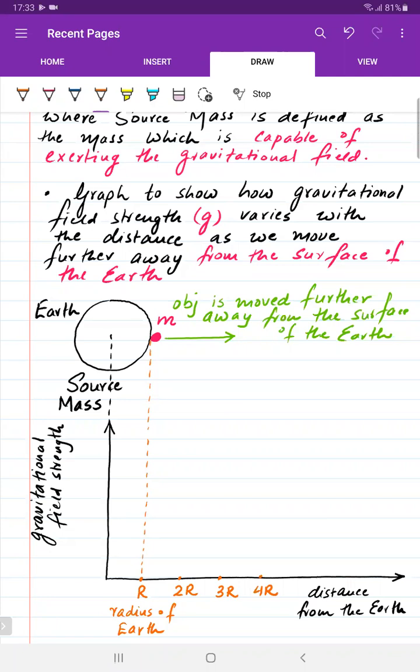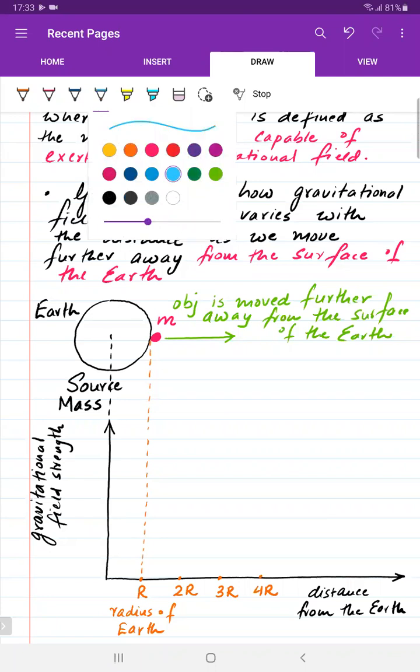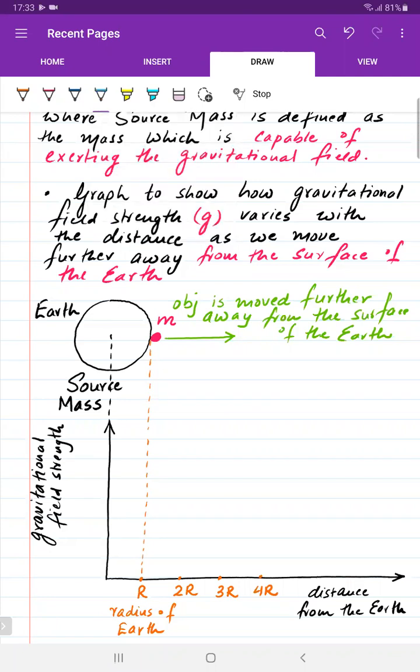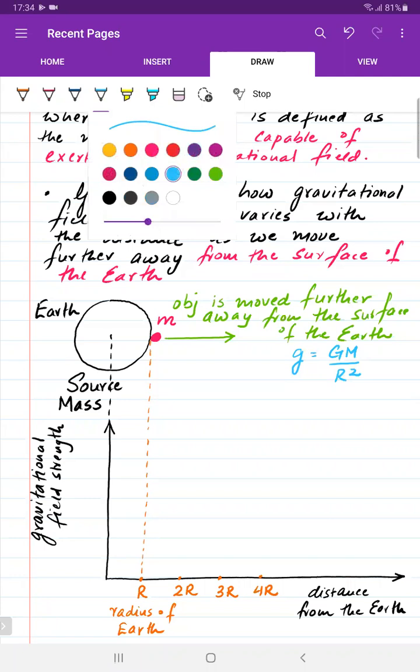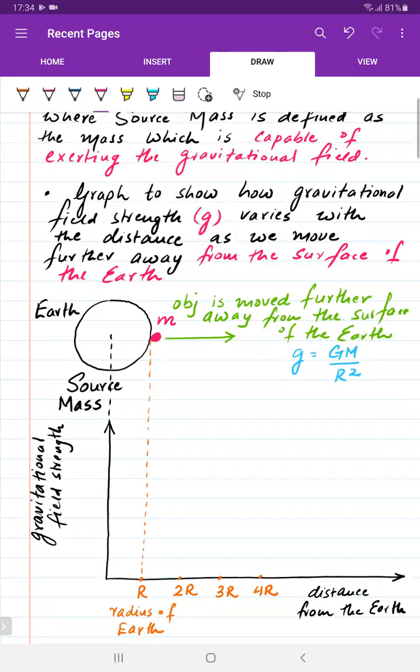Now, based on the equation, let me write down the equation once again. You can all establish that the gravitational field strength appears to be inversely proportional to r square. पहले mathematical terms में देख लीजिएगा.